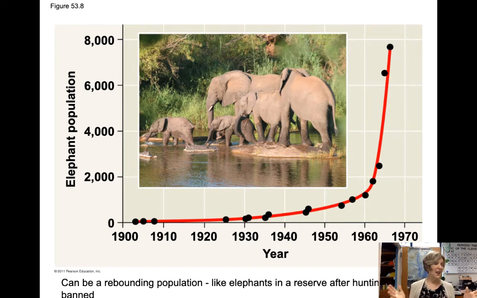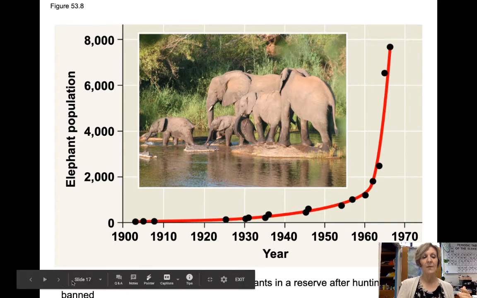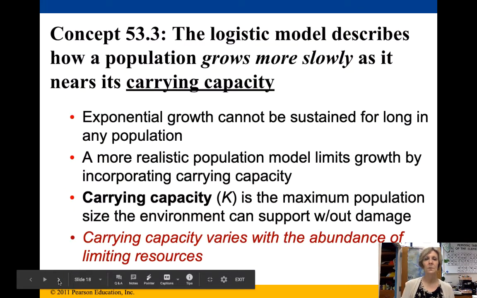And that's not sustainable, right? So we'll talk about that in a minute. But it also can be a rebounding population. So after, for example, hunting was banned for a certain population of elephants in a reserve, we saw an exponential growth rate in the recovery of that population for a short period of time. That was not sustainable, but we could see that for a short period of time.